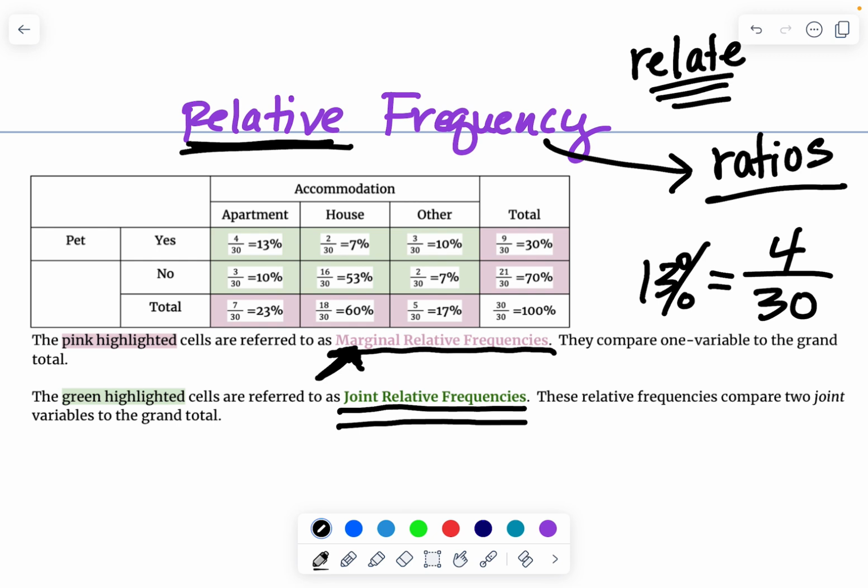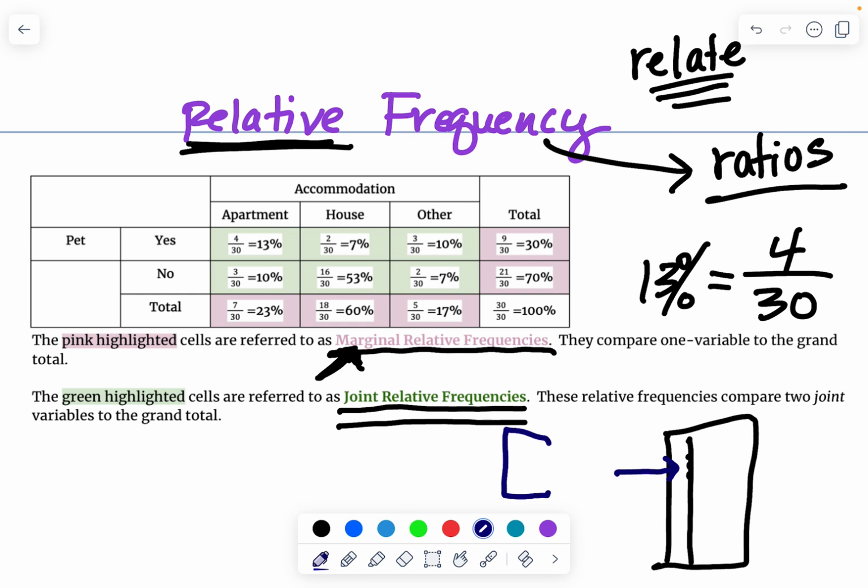Have you ever heard of a margin? Well, if you have a piece of paper, a lot of times you'll see a red line on the left column, which is showing you the margin of the paper. Another thing you've done is annotate in English class. When you're reading your books and writing notes, you are annotating in the margins.